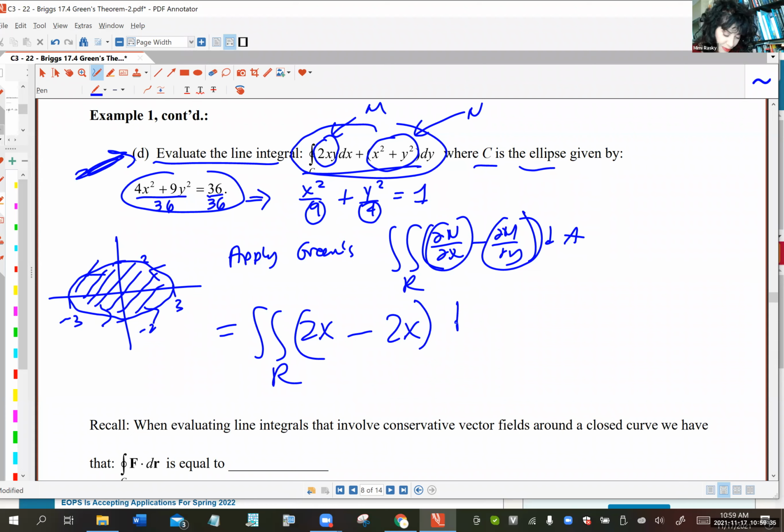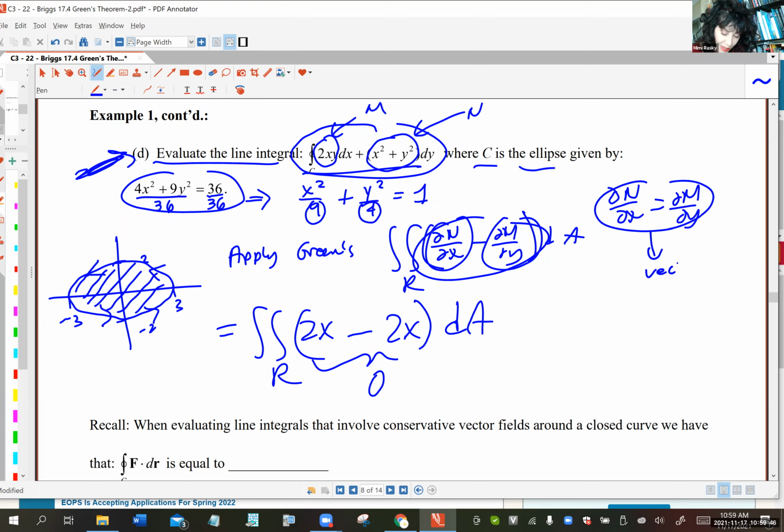This is 2x as well. What did we just find? We just found that dN/dx was the same as dM/dy. What does that tell us about the vector field? It's conservative. The vector field is conservative, and this is a closed curve. So we didn't even have to apply Green's theorem. I just wasted all my time. Final answer is going to be 0.